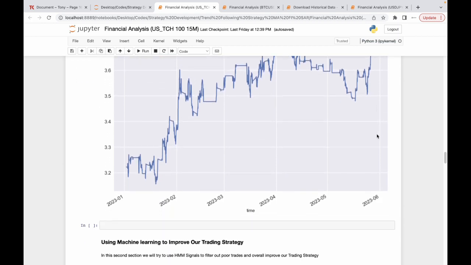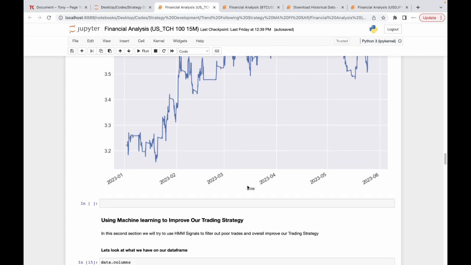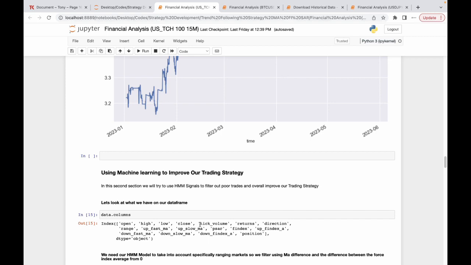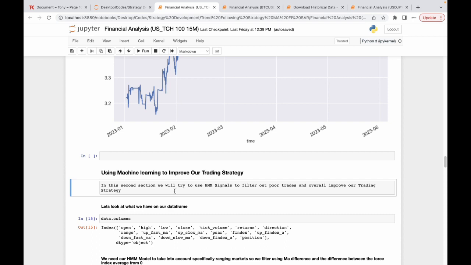Now next, let's look at how we can use machine learning to improve our trading strategy. In this section, we'll try to use HMM signals to filter out poor trades and overall improve our trading strategy. Now the HMM here means hidden Markov models. And with the hidden Markov models, we can use it to identify certain market structures, depending upon the states you want.